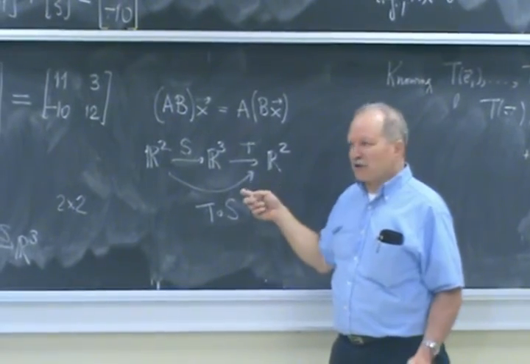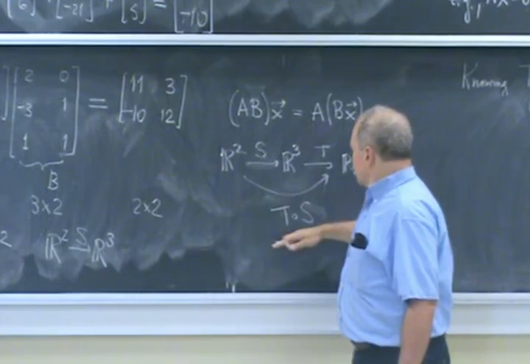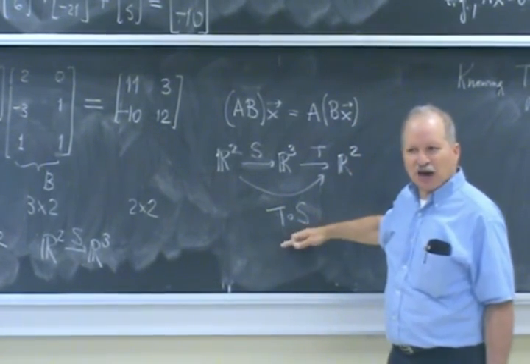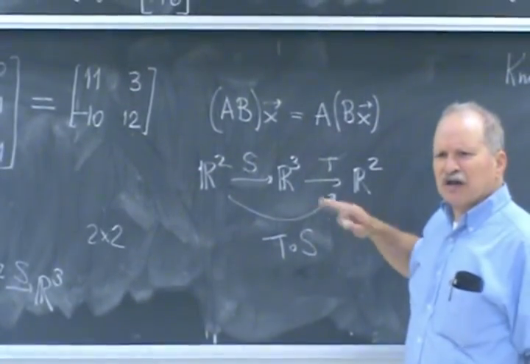So matrix multiplication is made up so that it exactly mirrors composition of functions. So I will start with that tomorrow and show you why that really is true. We're going to do a bunch more examples.